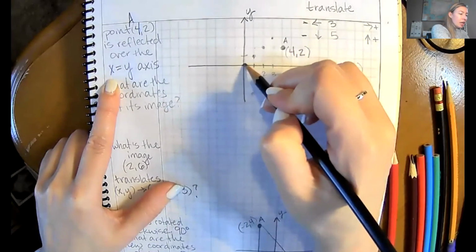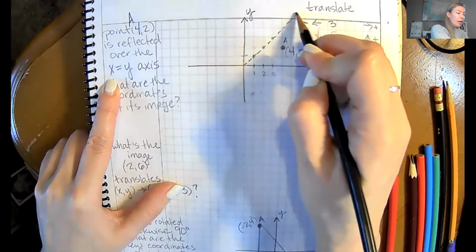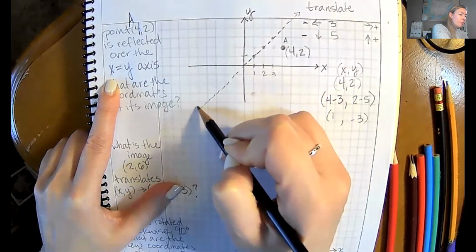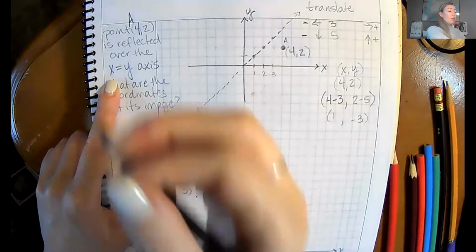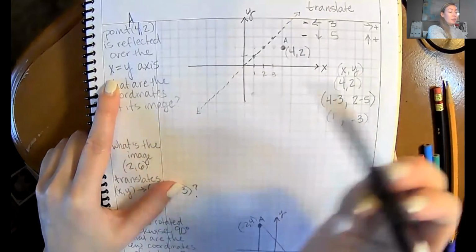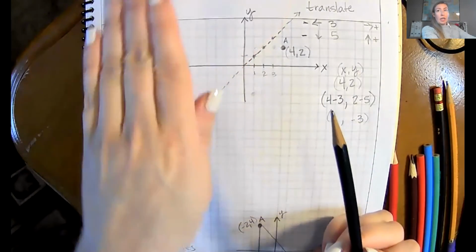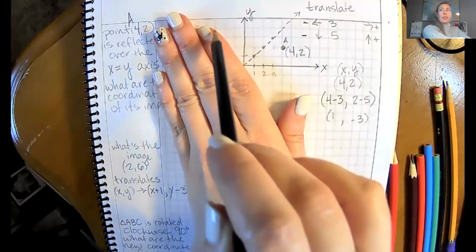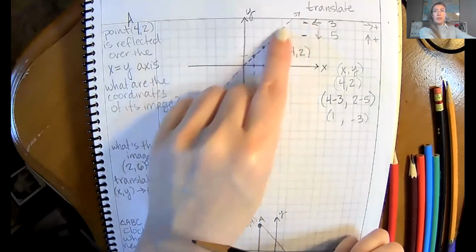So that creates this line over the x equals y axis. Okay. Similarly, I could ask you to reflect it over the negative x equals y axis. And in that case, it's just going to go, instead of going this way, it's going to go this way, and it's going to be that line the other way, directly at a 45-degree angle.